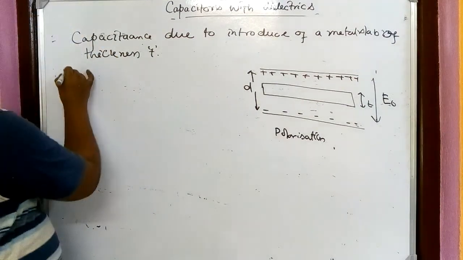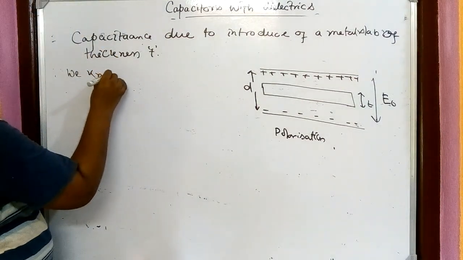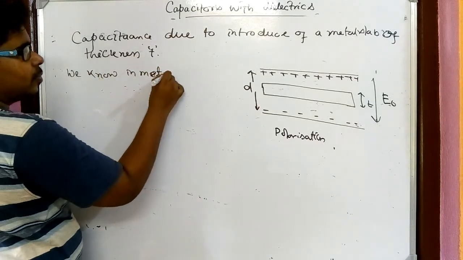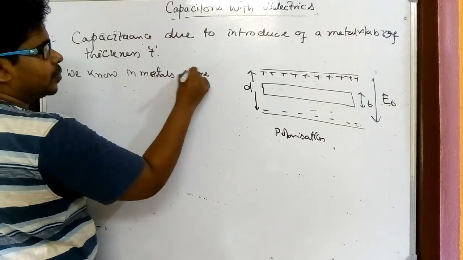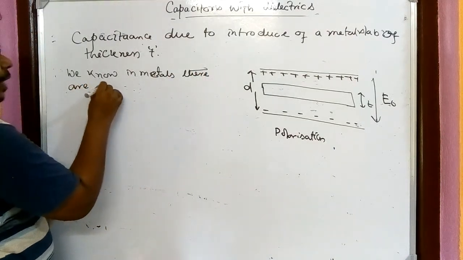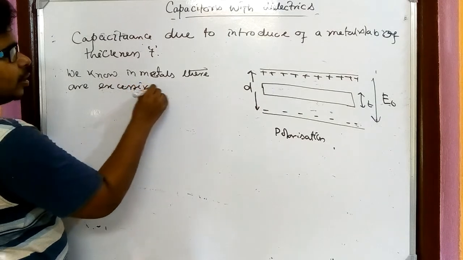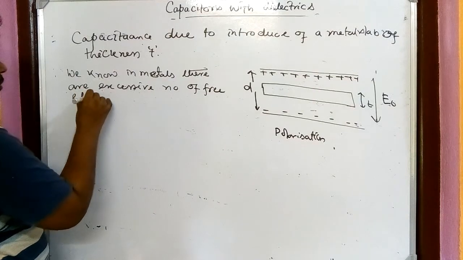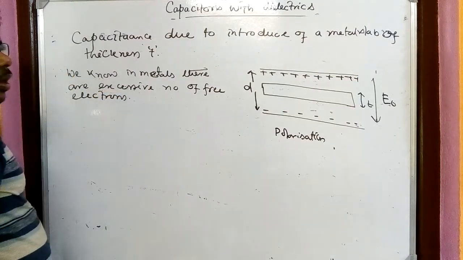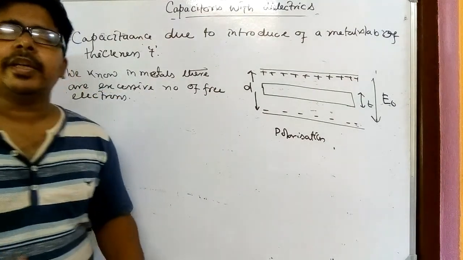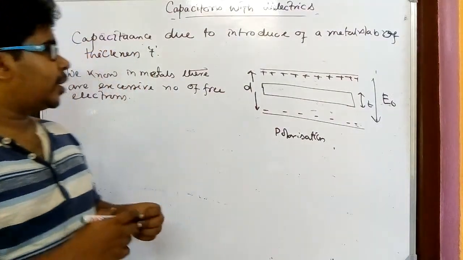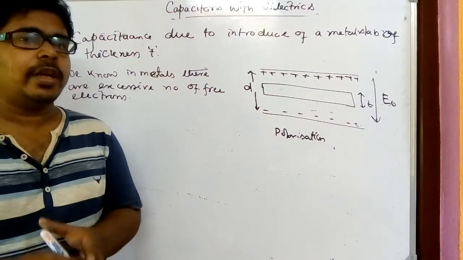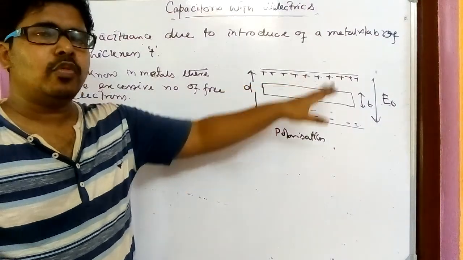And we know that in metals there is an excessive number of free electrons. In dielectrics, as I have already told you, it is an insulator, so there are no free electrons and no electrons can move here and there.